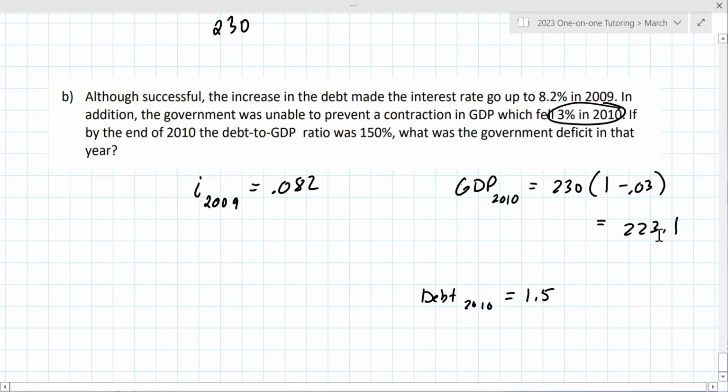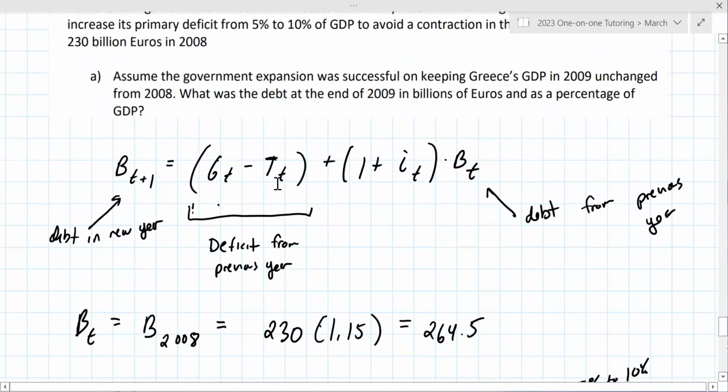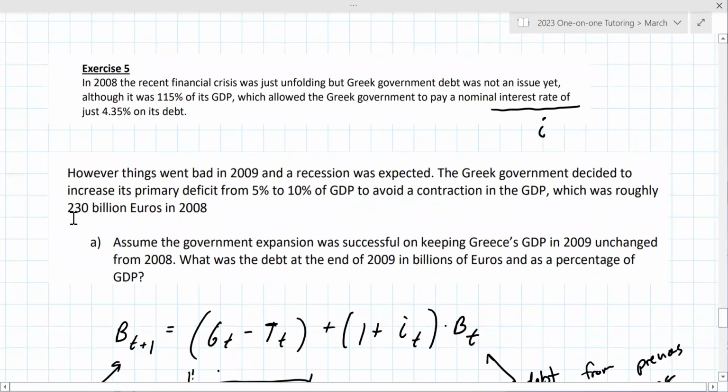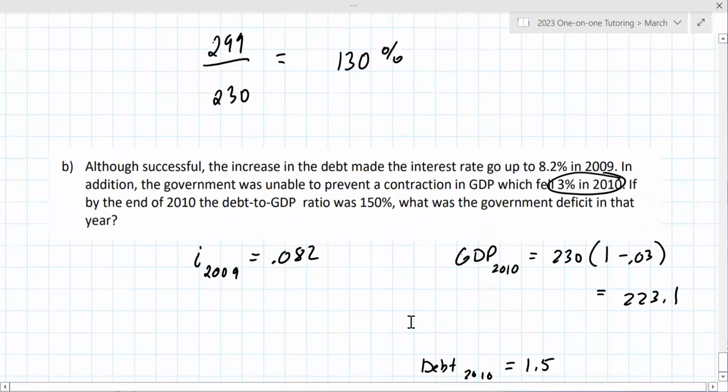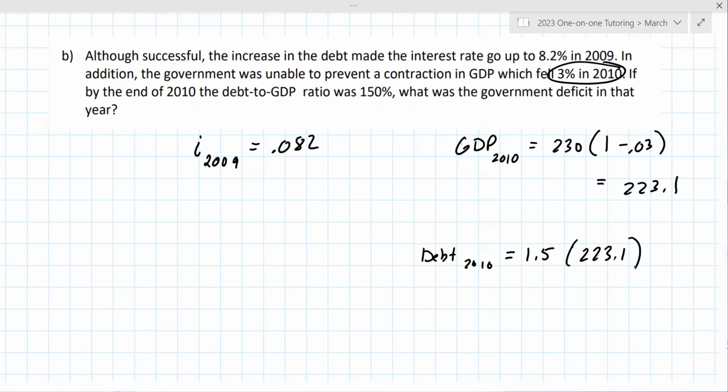So we did this in the previous part here. The GDP, where do we do that? Oh, it was given. So the GDP was given, 230. And we used that a couple of times. Just the debt was a function of GDP. So it's 1.5 times the GDP in 2010.